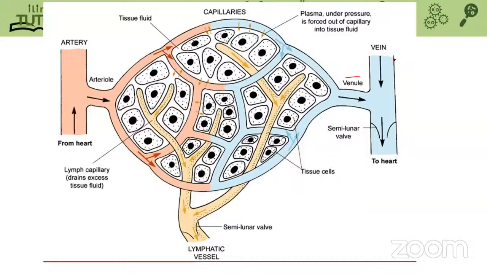So we should understand the sequence of events here. First, we have the artery. The artery branches into arterioles. Arterioles will differentiate into capillaries. Capillaries will fuse back again into venules, and venules will drain into veins. So what happens between these sections, these capillaries that are arising from the arterioles?